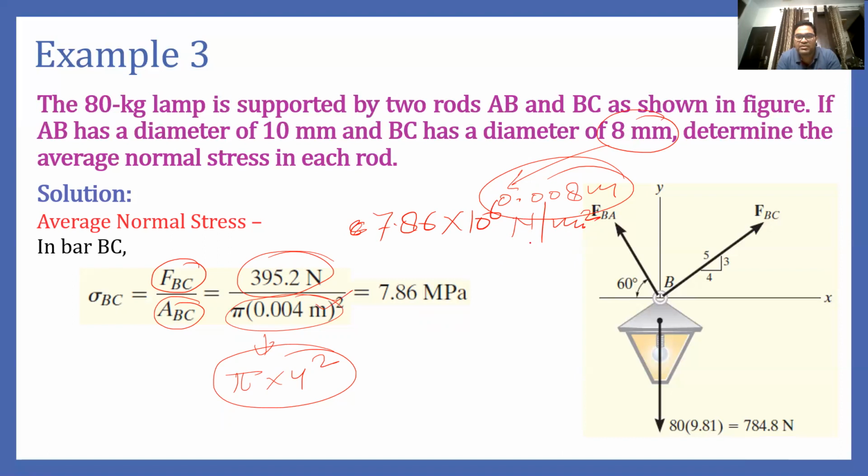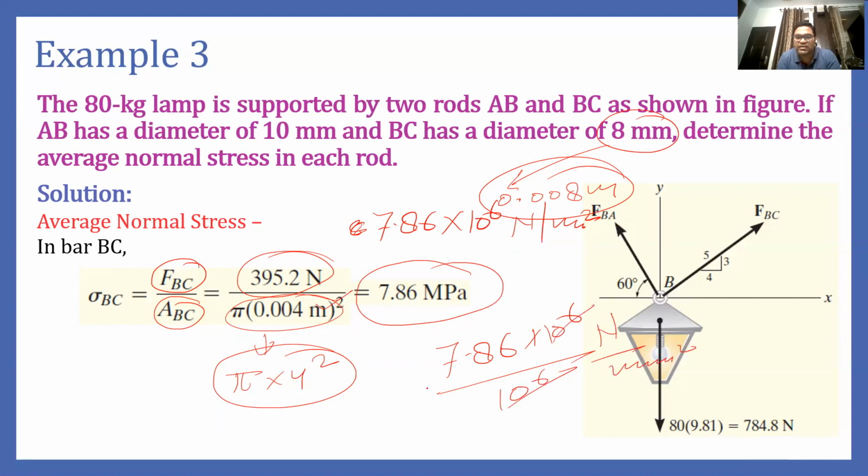Now we can convert this to mm square by converting meter square to mm square. So 7.86 into 10 raised to power 6 divided by 10 raised to power 6 Newton per mm square.